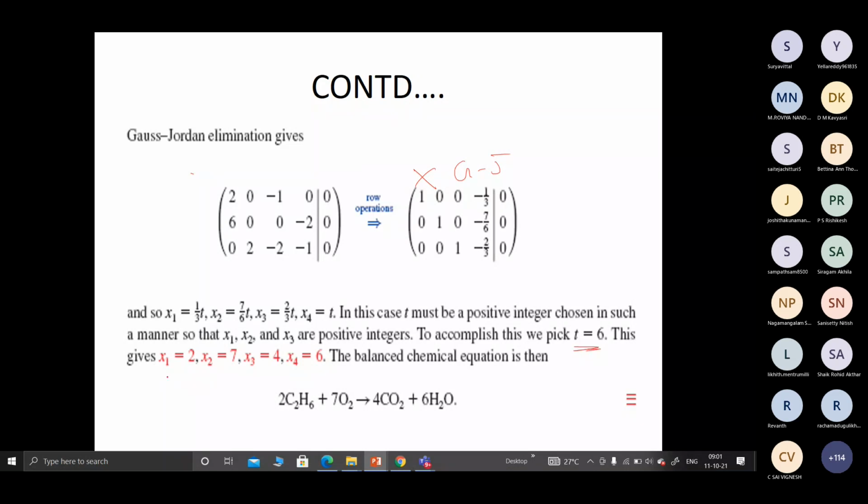Then you will get a set solution. You give another value. t must be positive. Of course, you cannot have negative numbers. Generally t can be any value, but because we are dealing with a chemistry problem where the coefficients cannot take negative values, we should restrict our value to positive values.